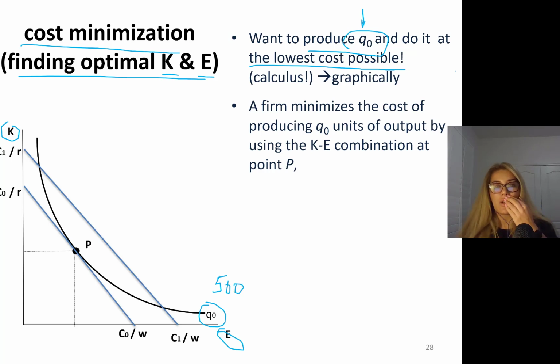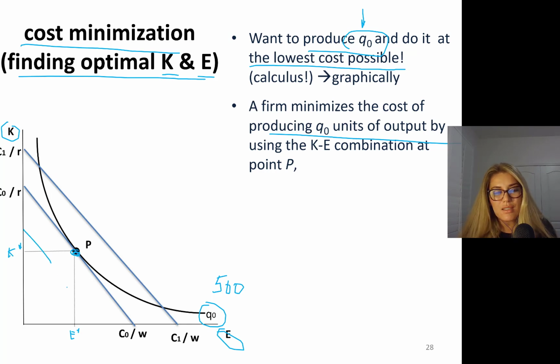So a firm minimizes the cost of producing Q0 units of output by using the capital-labor combination at point P. So this is the best. I'm going to put K star and E star, the best levels. This is cost minimization. Anything else is not at this point, because I'm at the lowest.